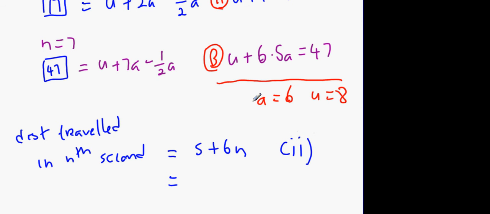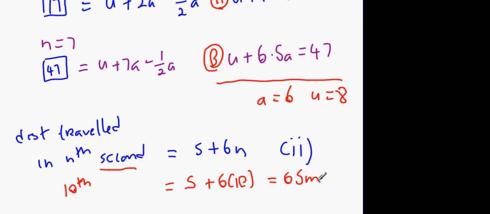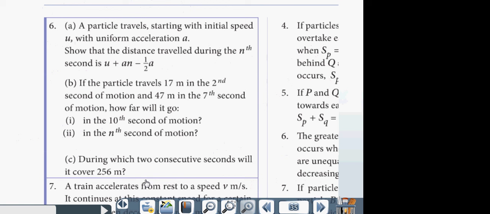To answer part 1, we want to know the distance travelled in the 10th second. So if it's in the 10th second, all you got to do is replace n with 10. So 5 plus 6 times 10. And what that will get you is 65 meters.